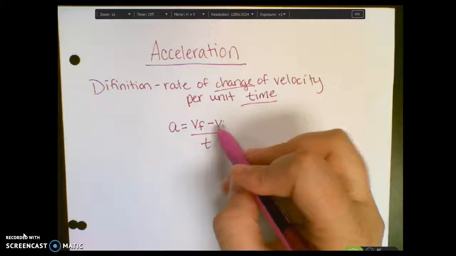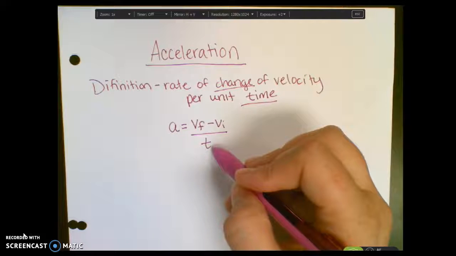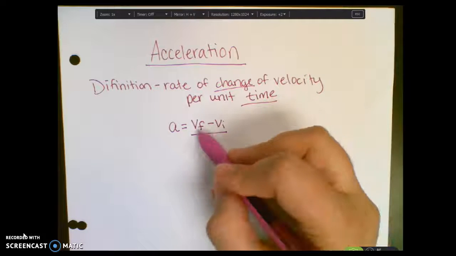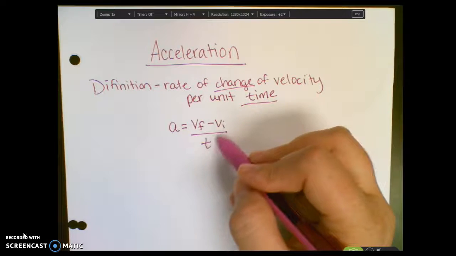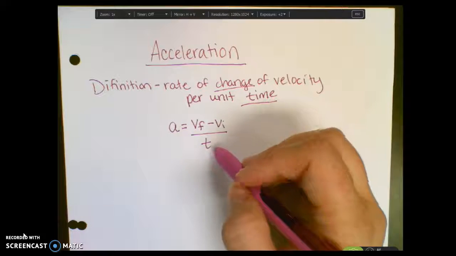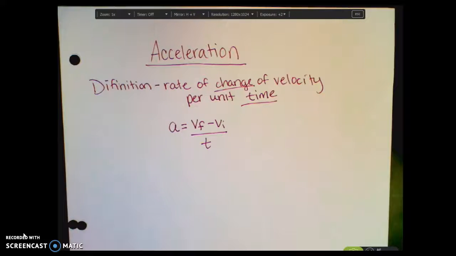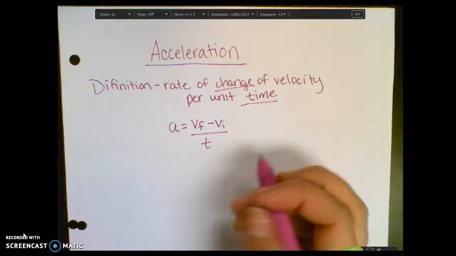So if you change velocity from 0 seconds to 10 seconds, your time would be 10 seconds. However, if you change velocity from 5 seconds to 10 seconds, then your time would only be 5. So let's note that this time here, t, is a duration. It's not always your final time.